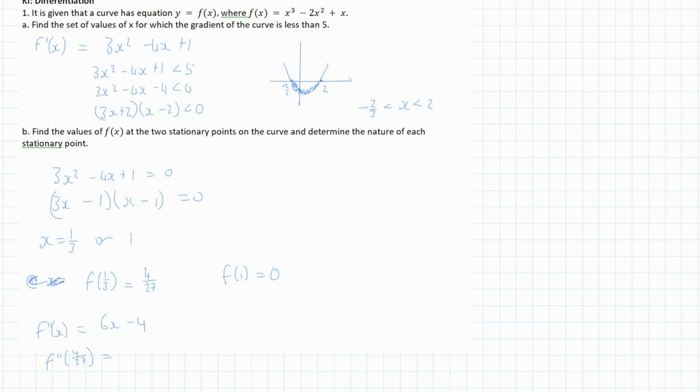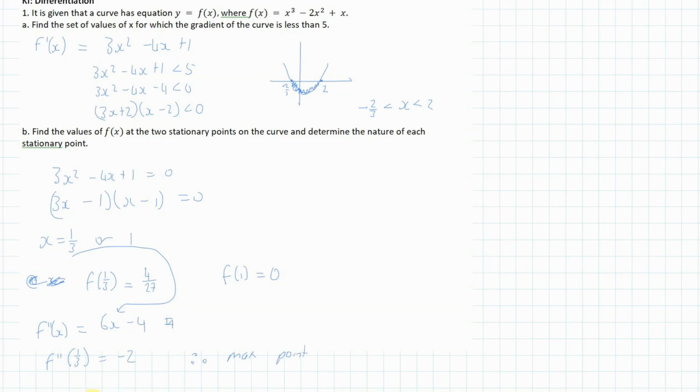Sorry, we're putting in this 1/3 first. So we get 6 times 1/3, which is 2, take away 4. This will give us, wake up brain, negative 2, and therefore that one is our maximum point.